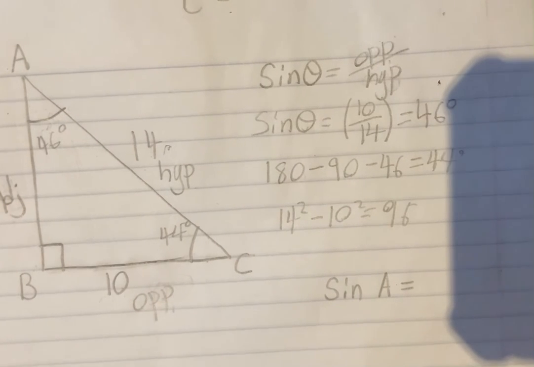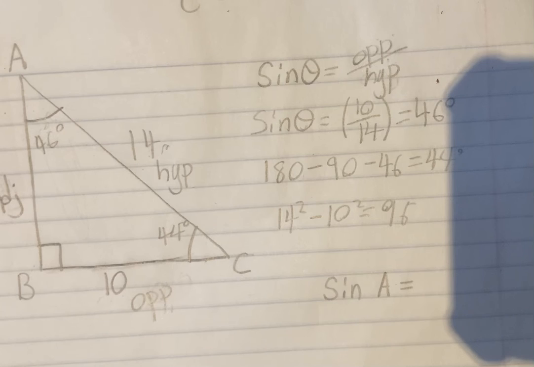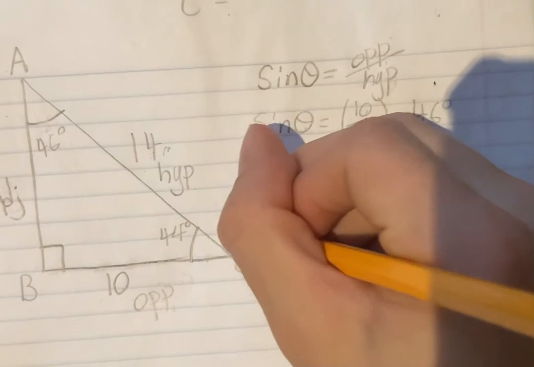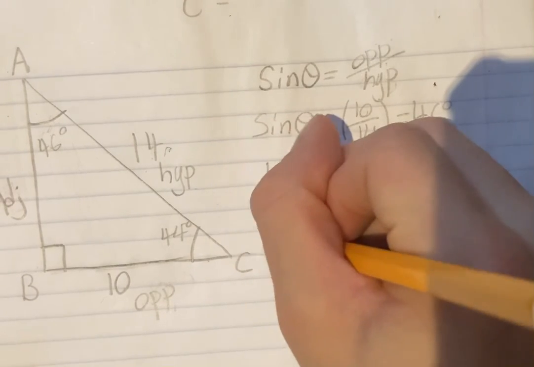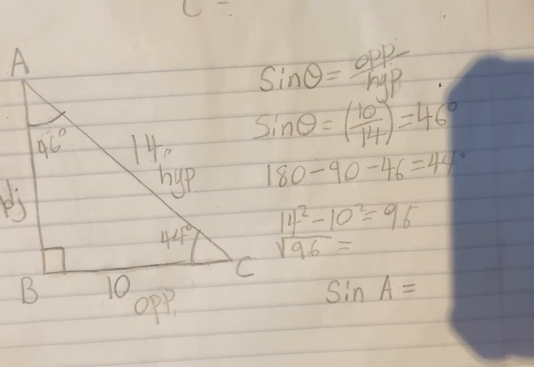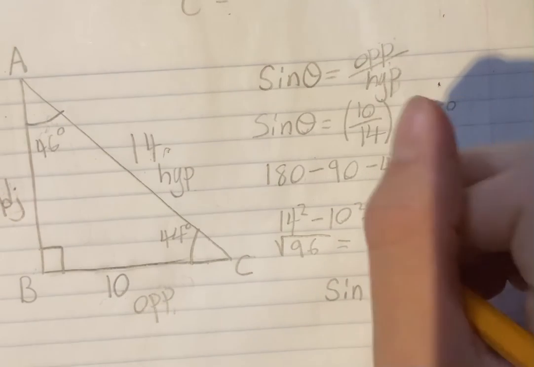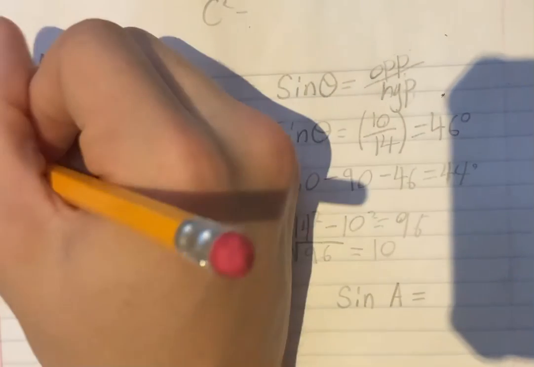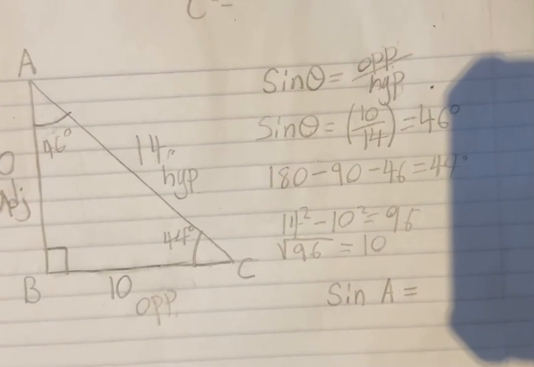That can't be right. So 14 squared. Yep, so that's 96. And now that we have 96, what we want to do is square root it. So the square root of 96 equals 9.79, yada, yada, yada, which I'll bring up to a 10. So this equals 10 roughly.